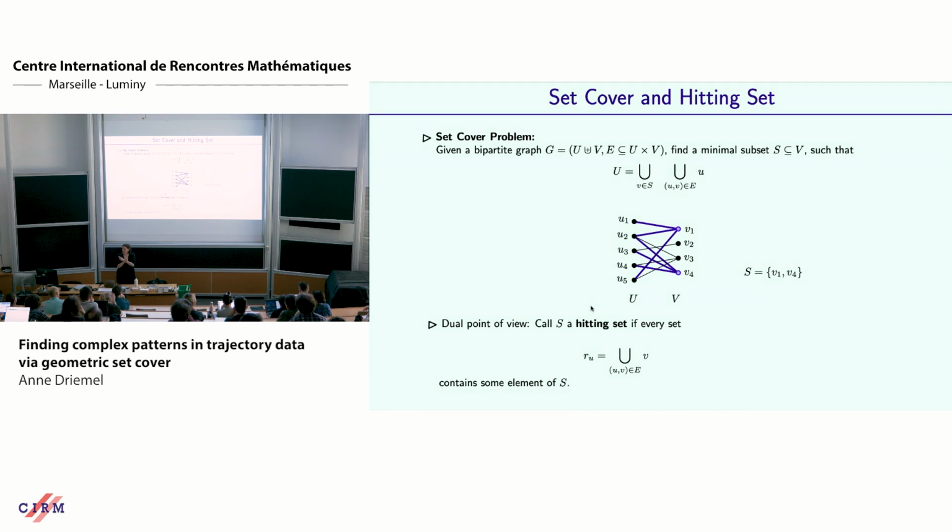If you swap the roles of U and V, you also get a set system, the dual set system, and then a hitting set in that system is a set cover in the other one, also of minimum size. So it's the same problem that they optimize. If you have an algorithm for hitting set, you can solve set cover if you apply it to the dual set system. Okay.